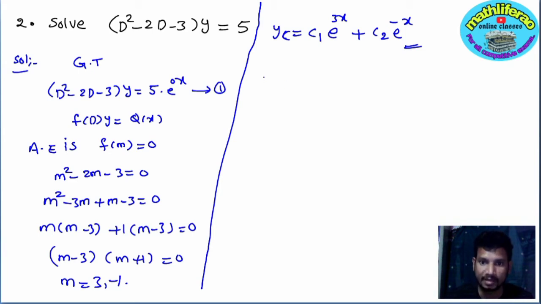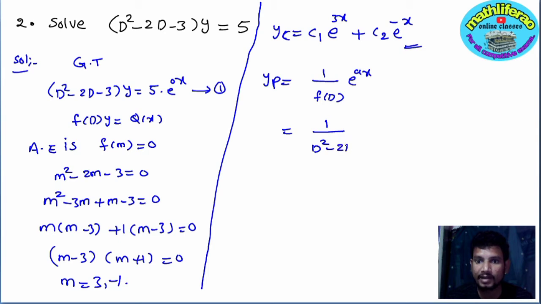Next particular integral, yp equal to 1 by f of d into e power ax. So here 1 by f of d means d square minus 2d minus 3 into 5 into e to the power 0x. Here a value is 0. So here, in place of d we replace the a value.